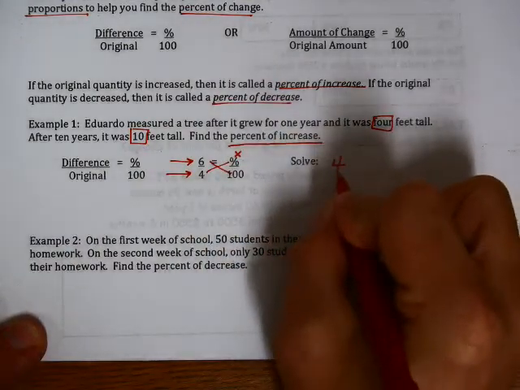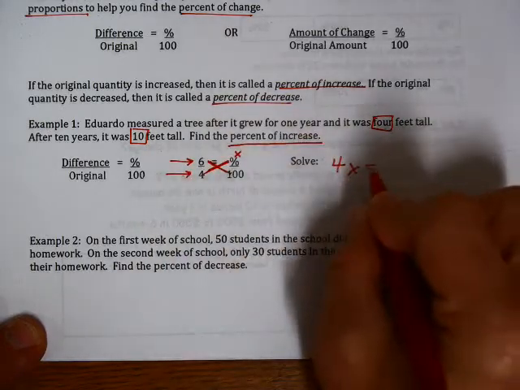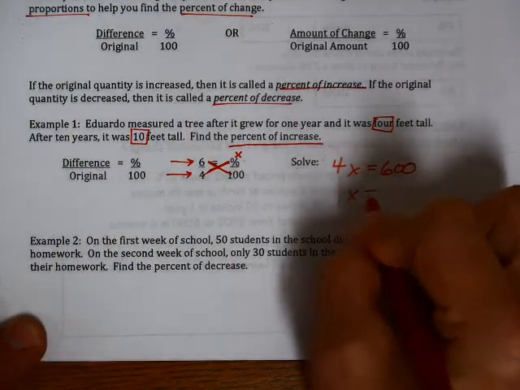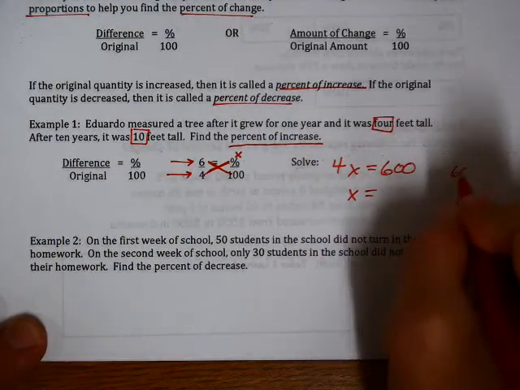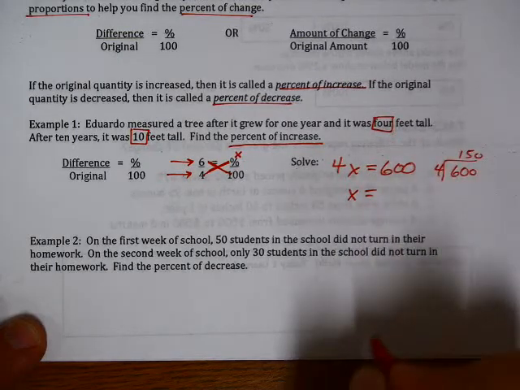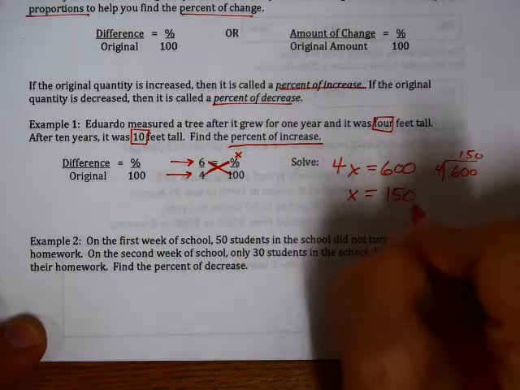So we cross multiply, we would get 4 times x is 4x. 6 times 100 is 600. And then we would divide 600 by 4. And I'm going to quickly do that to get our answer. When we get that answer, that is the percentage.